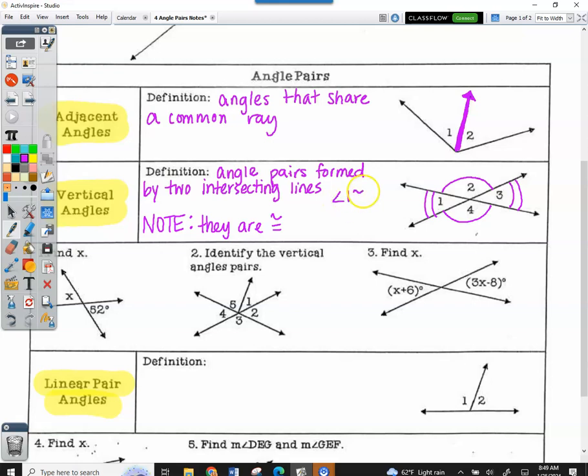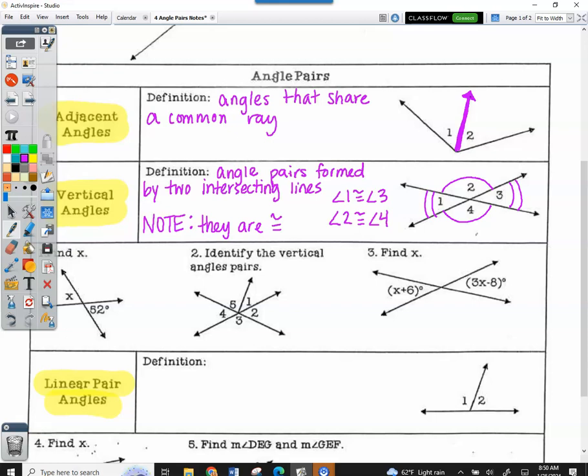And I got all of that by just looking at the picture and recognizing that two lines have crossed. Nobody told me that there's vertical angles there. I just have two lines crossing, which means I can go straight to there must be vertical angles.